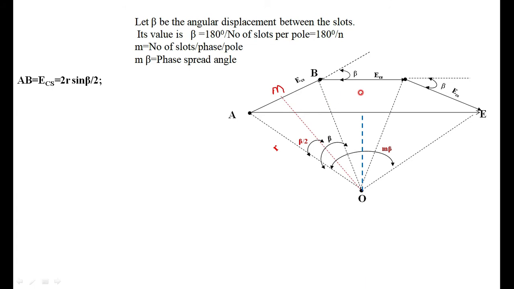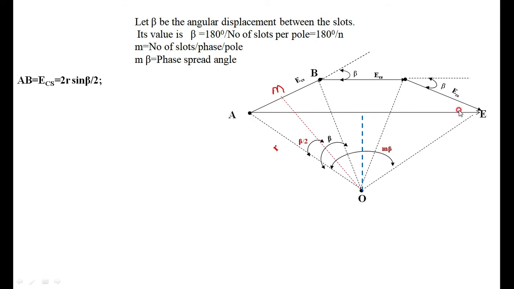Therefore, from triangle OAM, you can find AM, which is R times sine beta by 2. Therefore, AB is 2 times AM, that is 2R sine beta by 2.